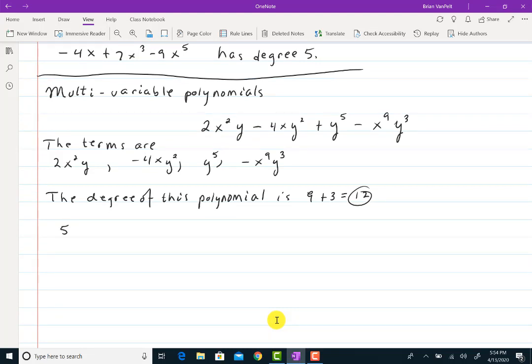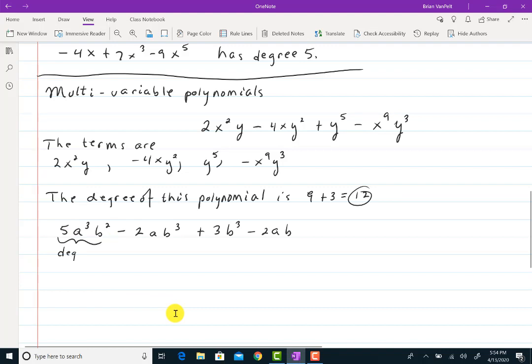5a cubed b squared minus 2ab cubed plus 3b cubed minus 2ab, something like that. If I go through here, let me tell you the degree. Of that piece is 3 plus 2, equal to 5.